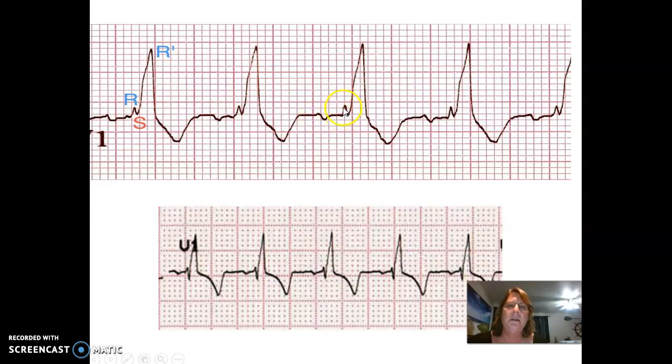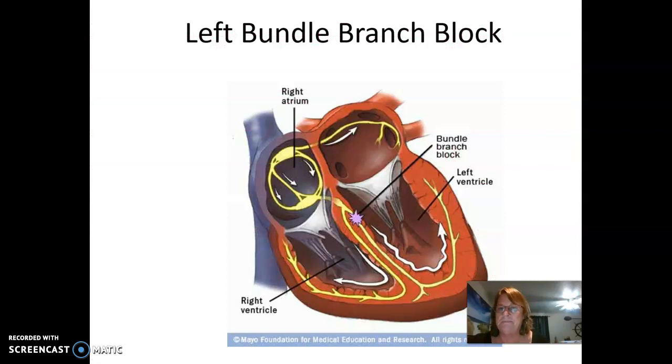And then my QRS, this is when the septum depolarizes, the left ventricle depolarizes, and then the right depolarizes through cell-to-cell conduction, and then it repolarizes through cell-to-cell conduction. So this would be a sinus rhythm at whatever the rate is with a right bundle branch block.